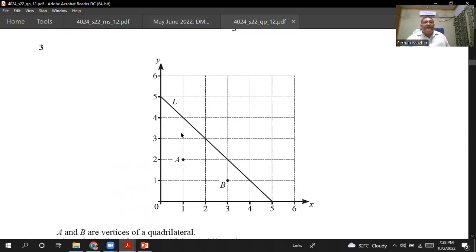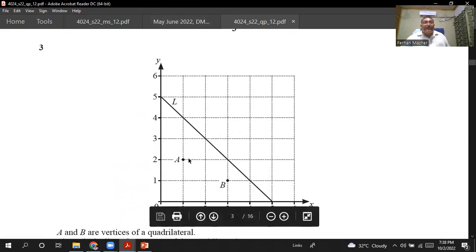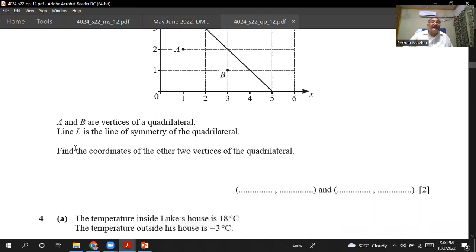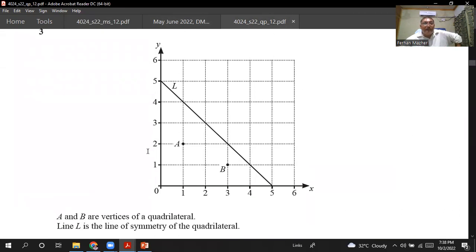Here we have this line, and we have point A and point B. A and B are the vertices of a quadrilateral. Line L is the line of symmetry of the quadrilateral. Find the coordinates of the other 2 vertices. Okay.